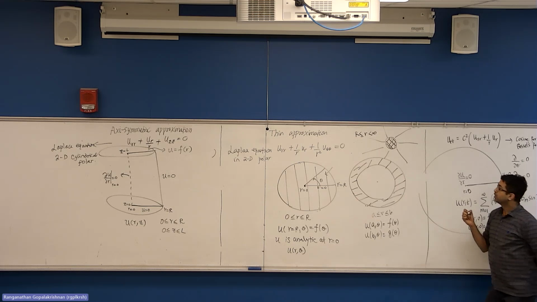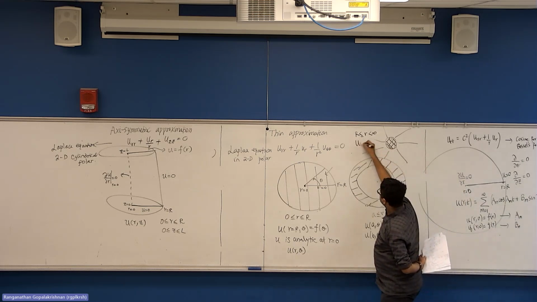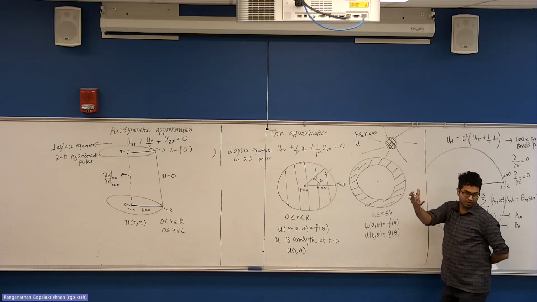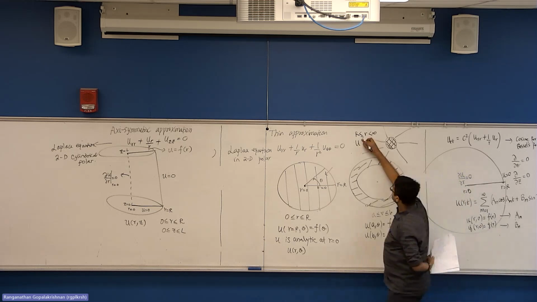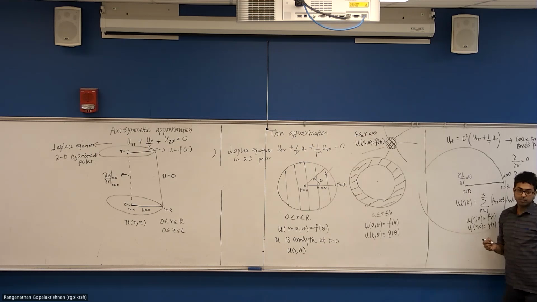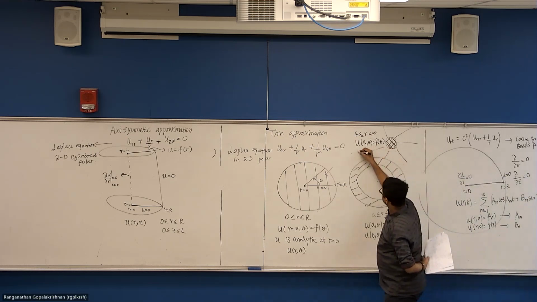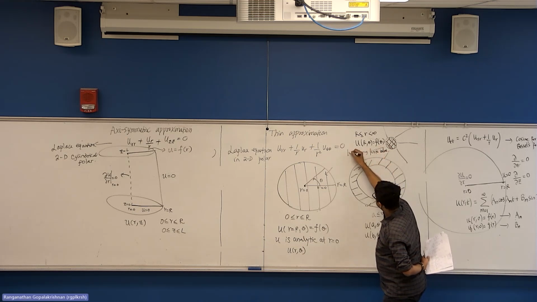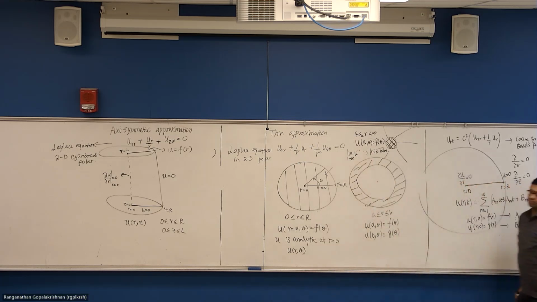That is our domain. And you would specify either the flux, it could be a body that's radiating heat, or a body at a constant temperature. So you could specify u of R comma theta equal to f of theta, and u has to attain some finite value in the limit of large radii. Those are your constraints.